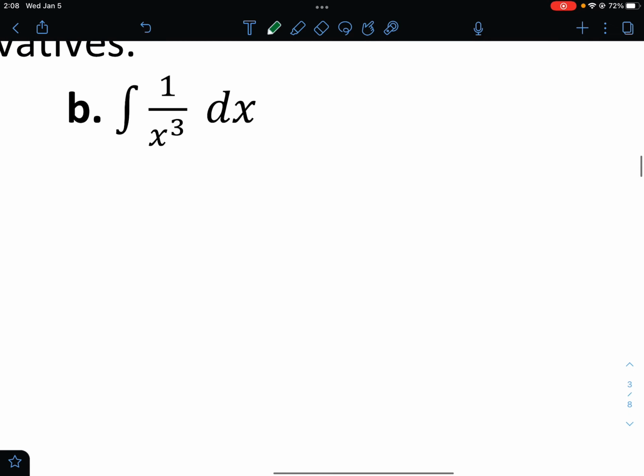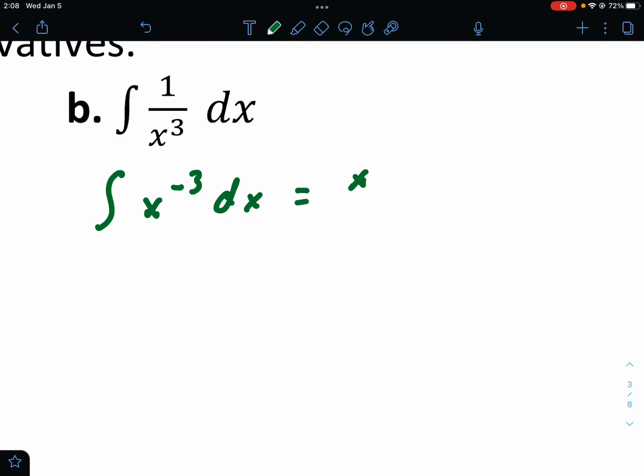For part B, here's one that a lot of students tend to mess up because they see the x to the third and they just want to use the power rule on that. You can't do that. You can't use the power rule with something in the denominator like that. But what you can do is rewrite it so that it's in the numerator. And now we can use the power rule on that.